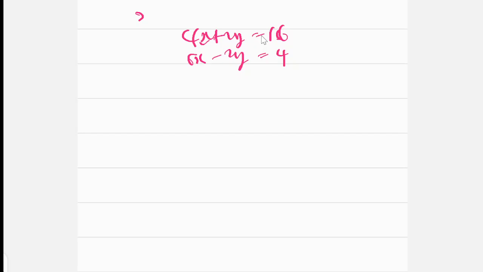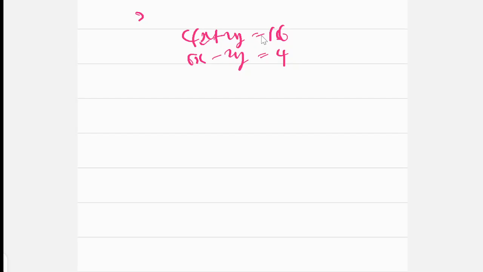So this is a simultaneous equation in 2 variables, and before you can get a unique solution, you have to have 2 equations as well. When you have 2 variables, you have to have 2 equations. When you have 3 variables, you have to have 3 equations as well.